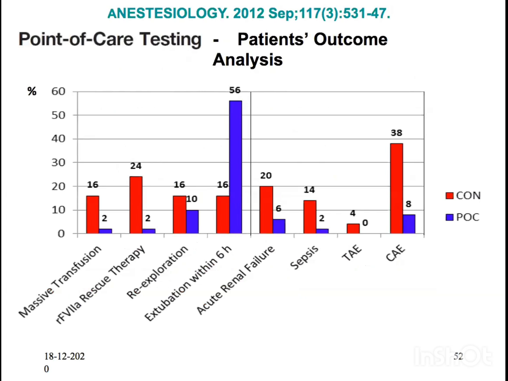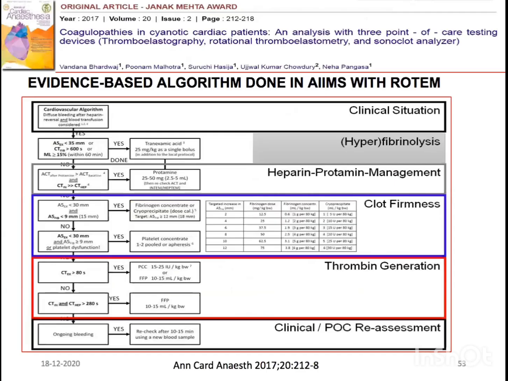These are some analysis that we have done on our cyanotic patients, because most of these patients of TOF, of DORV, of patients who were even ALCAPA patients, of TGA with intact ventricular septum having an ASO, or of truncus arteriosus, we were putting them for low cardiac output on ECMO.